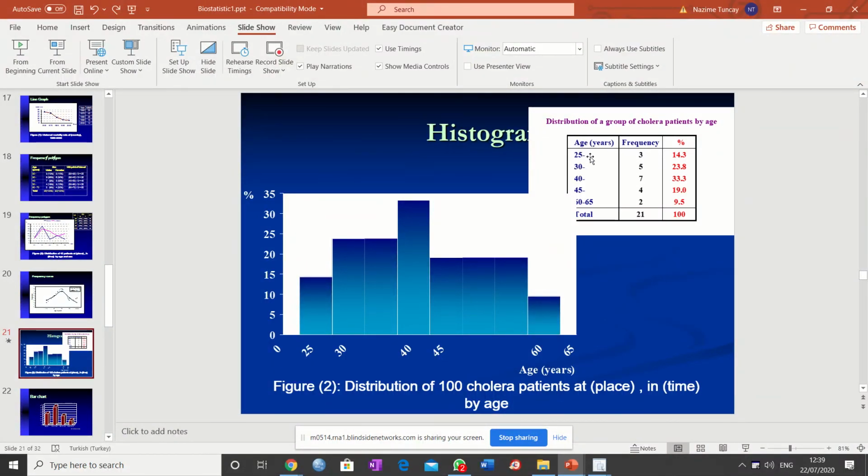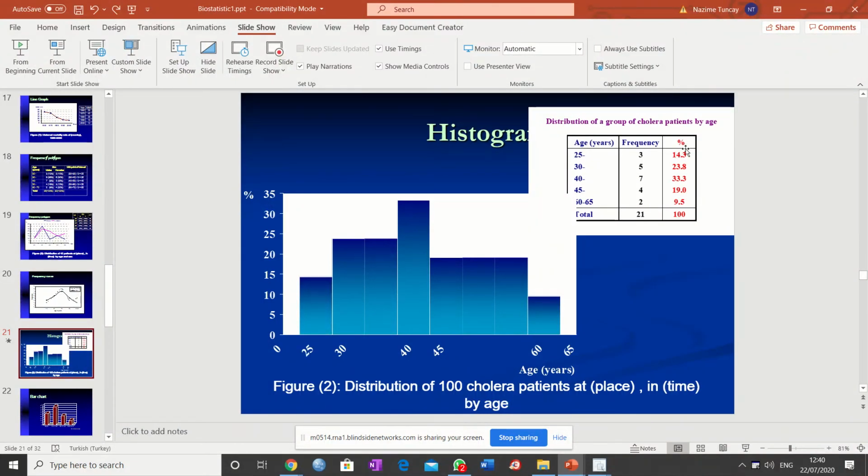Okay, this expression means above 25, and this is above 30, this is above 40, this is above 45, and this is between 60 and 65. Okay, these are the numbers, and these are the percentages.